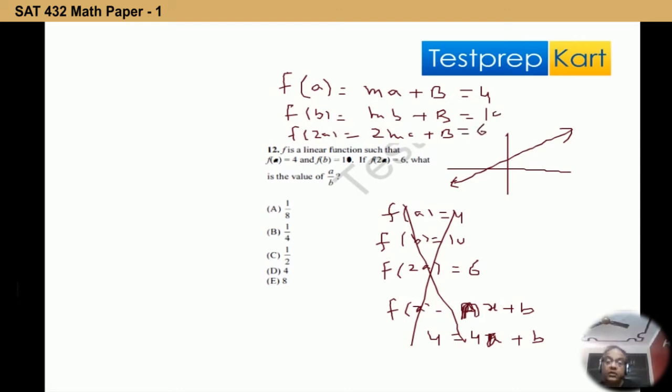Now with the help of these three equations we have to find what is a, b and m.